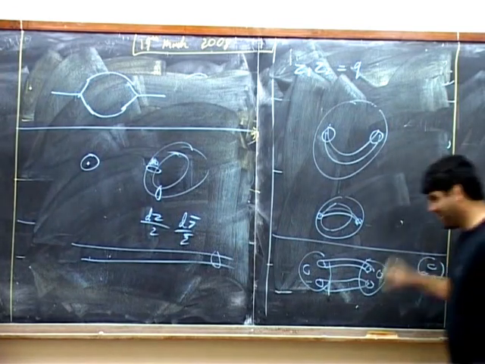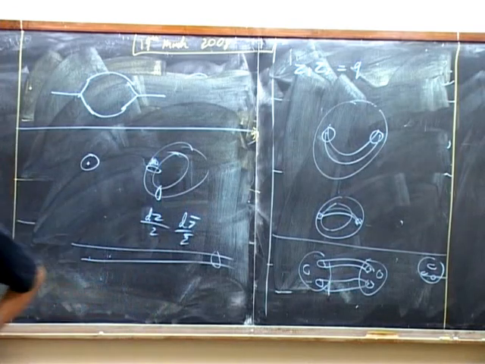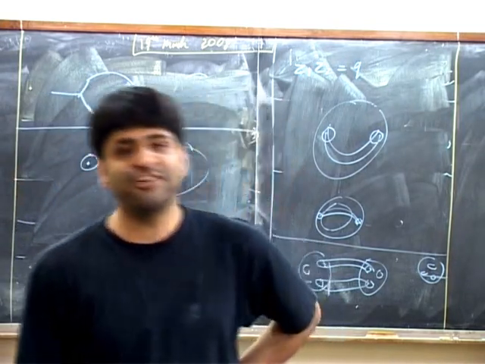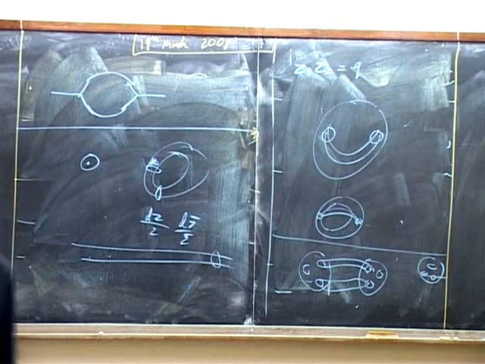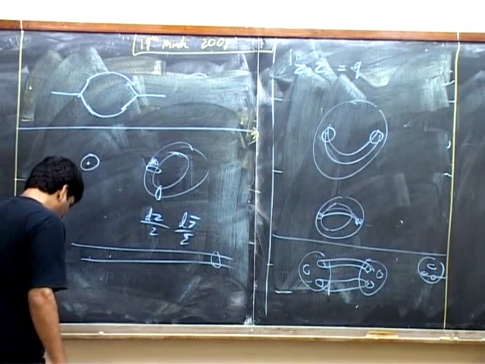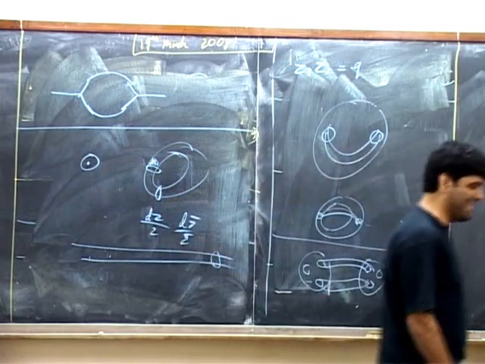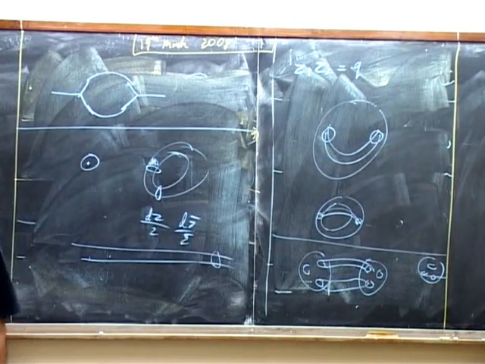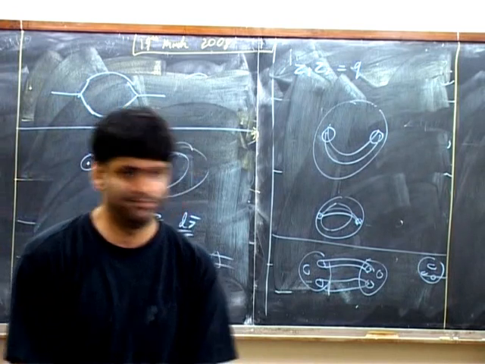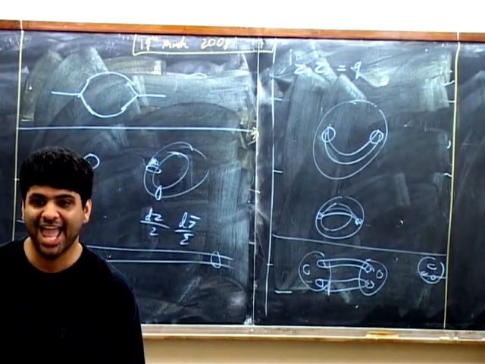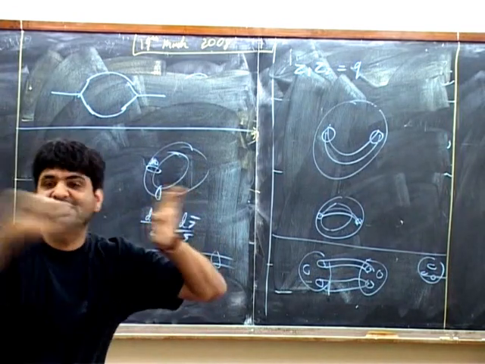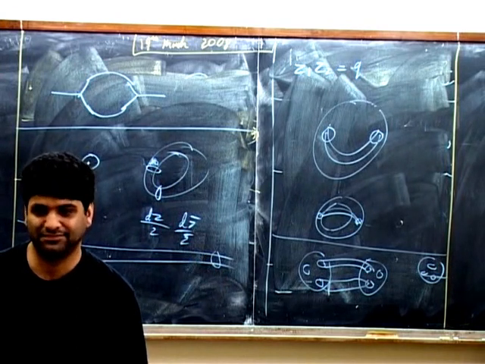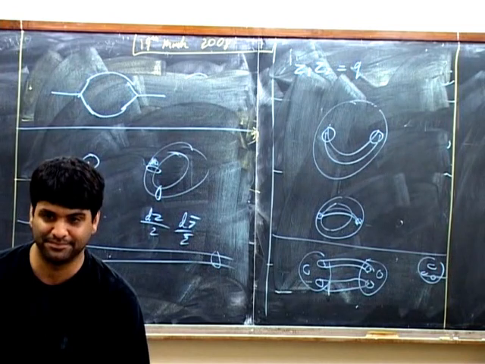Now I want to make the claim. The claim is the following. Suppose we look at all Riemann surfaces with an arbitrary number of marked points such that the height of every internal band on the Riemann surface is less than or equal to 2 pi, and the height of every external band, these long tubes that are going up to infinity, is less than or equal to pi.